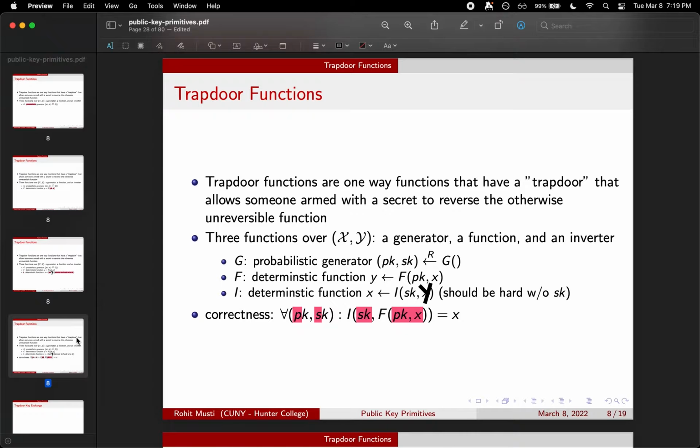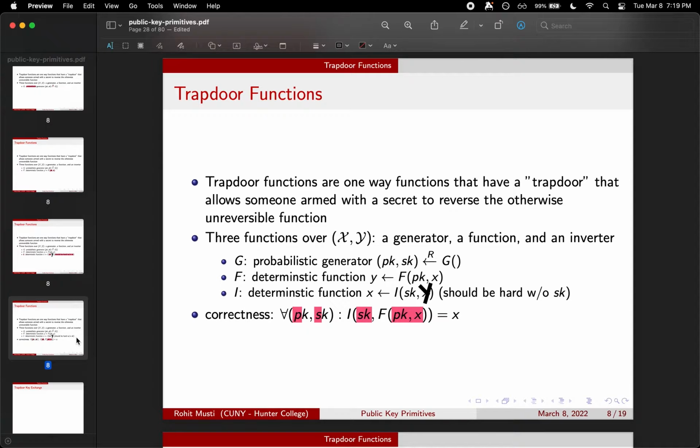Earlier we discussed some probabilistic correctness models for previous functions. This function has a deterministic, 100% guaranteed correctness requirement.